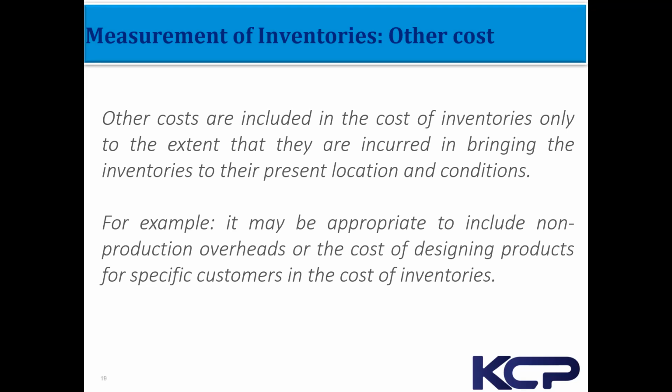Then the standard is now saying that under the other costs, anything that will contribute to bringing that very inventory to the state where it can meet its intended purpose should be considered, right? So for example, it may be appropriate to include non-production overheads or the cost of designing products for specific customers in the cost of the inventories.